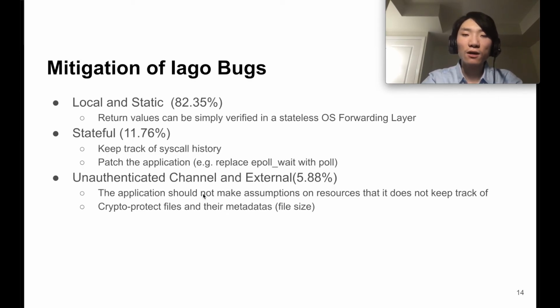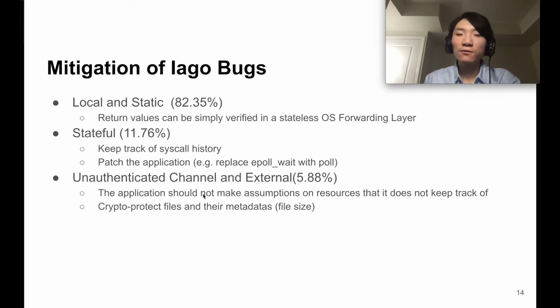As a result, about 80% of the Iago bugs we found are caused by local and static semantics. Fortunately, the OFL could simply check the return value against a predefined range or other constraint to mitigate them.